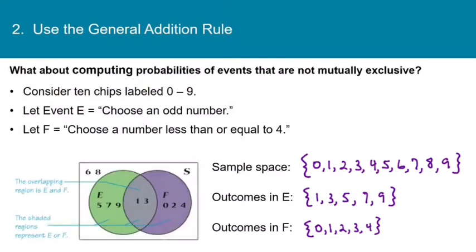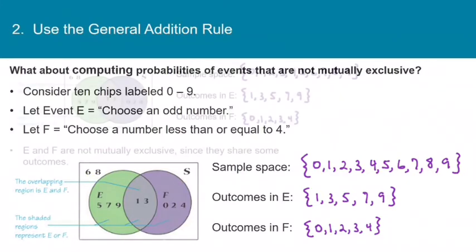And here's what the Venn diagram looks like this time. Event E contains 1, 3, 5, 7, 9, and event F contains 0, 1, 2, 3, 4, but 1 and 3 are in this overlap area, and then the other outcomes are either in just event E or just event F, or they're not in either one.